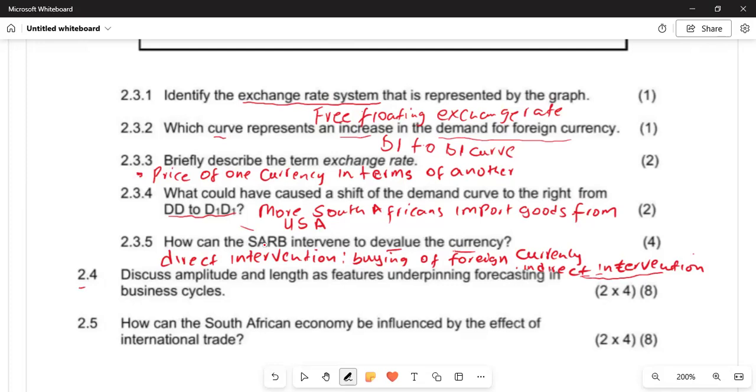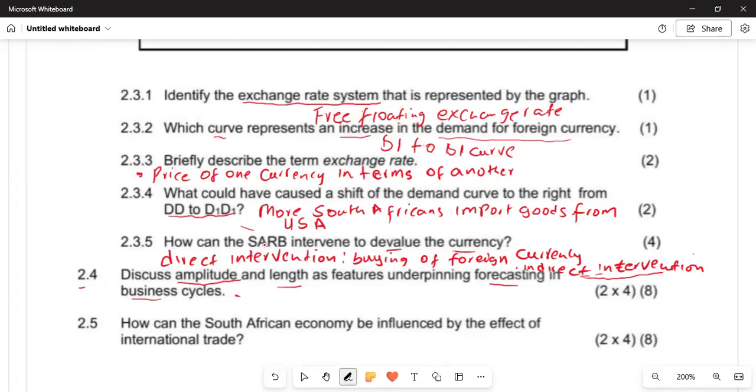2.4 says, discuss amplitude and length as features underpinning forecasting in the business cycle. So we have to discuss amplitude.